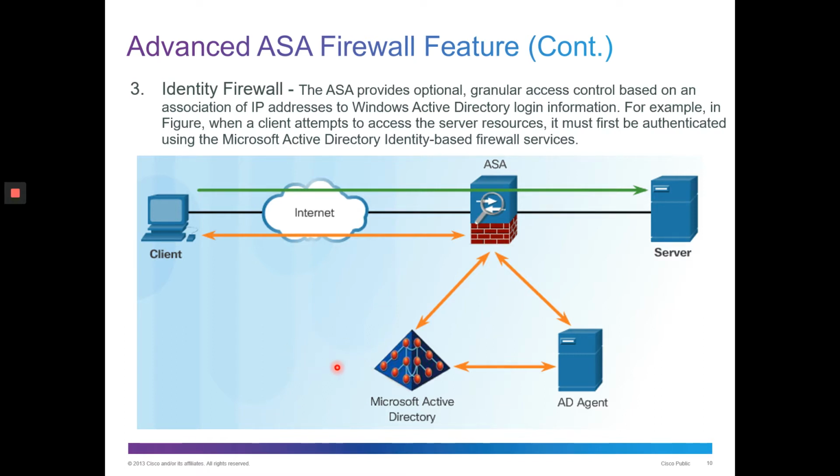The server where Microsoft Active Directory is installed or running will check your username and password, and based on the authentication result, you can either allow or deny that user's entry to the server. You can have a similar thing called an identity firewall that basically implements Microsoft Active Directory on a firewall.